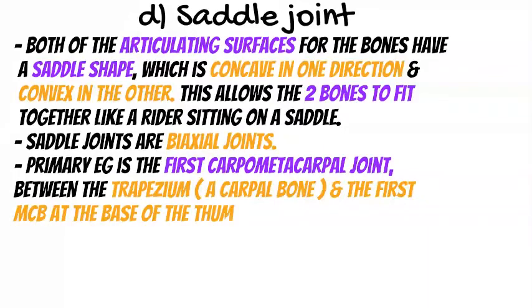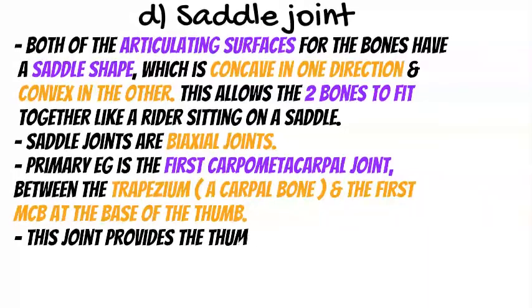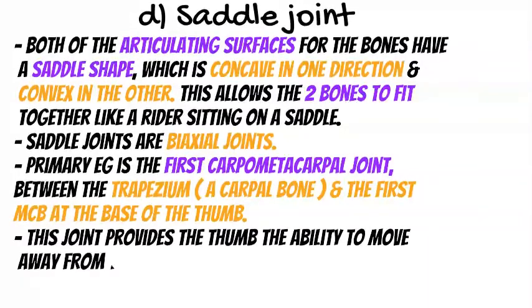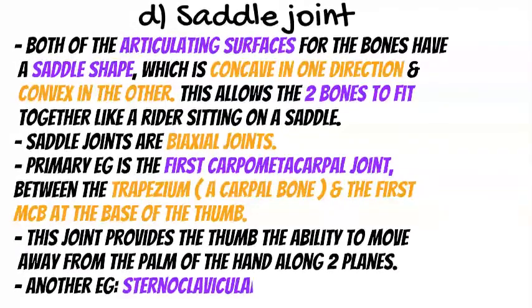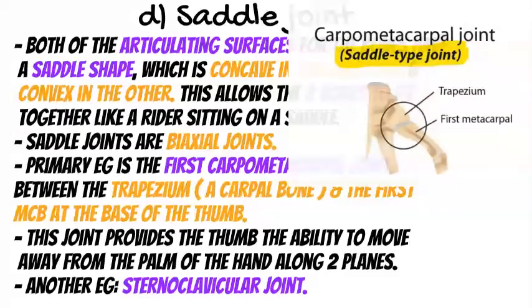Primary example is the first carpometacarpal joint between the trapezium, a carpal bone, and the first metacarpal bone at the base of the thumb. This joint provides the thumb the ability to move away from the palm of the hand along the two planes. Another example is the sternoclavicular joint. This picture illustrates the carpometacarpal joint as a saddle type of joint.